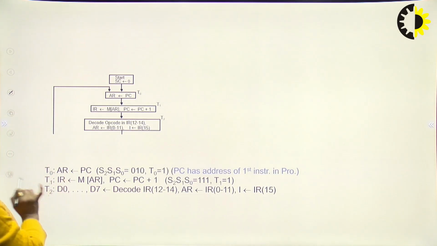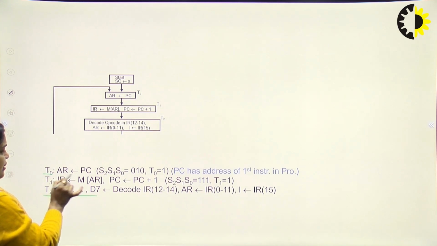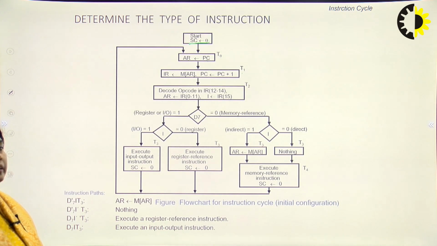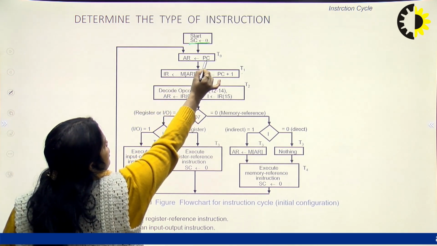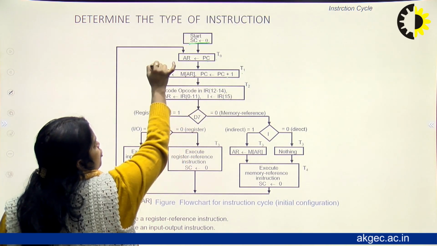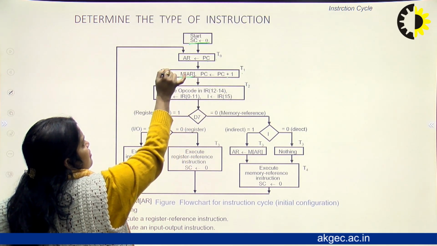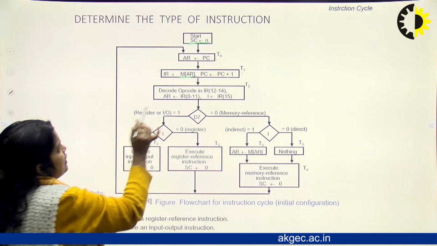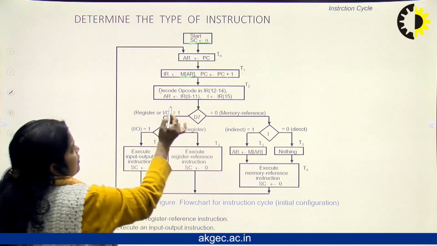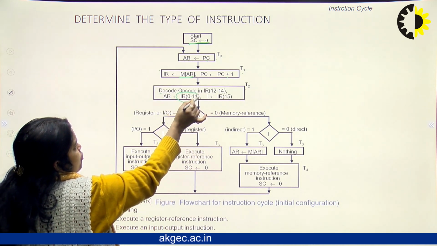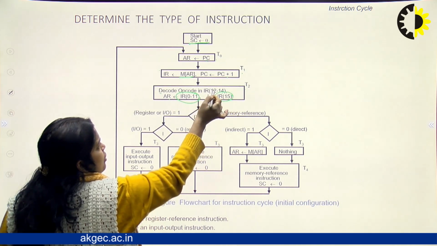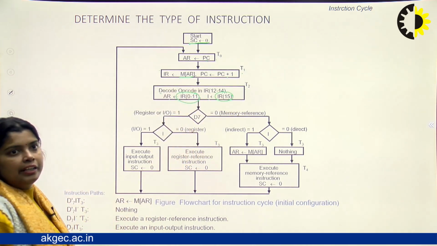All these things are written over here. In T0, PC to AR. Then in T1, MAR to IR, memory address register to instruction register. Next is the decode operation at T2. As you can see here, IR 0 to 11 goes to the AR, the mode IR 15 goes to the I, and the opcode goes to the decode operation.